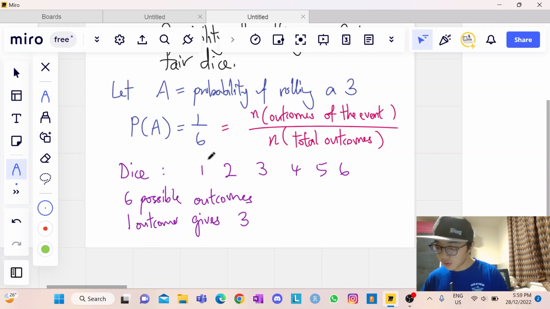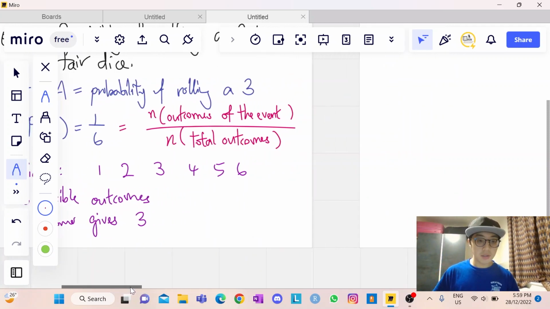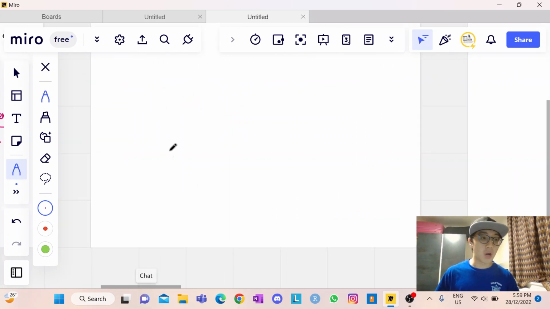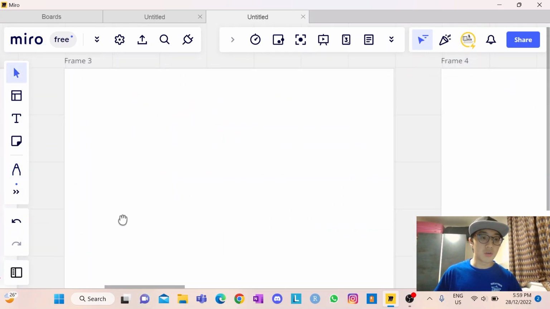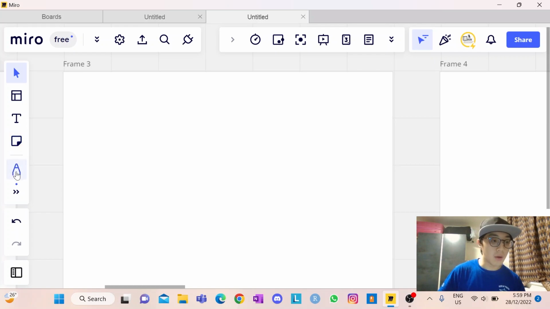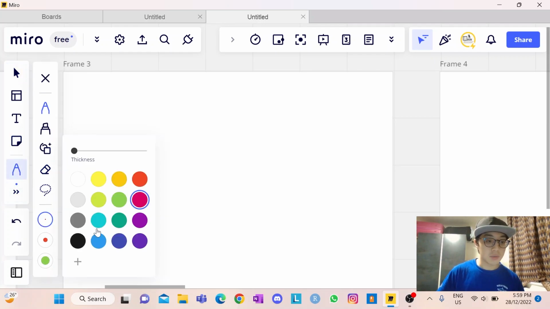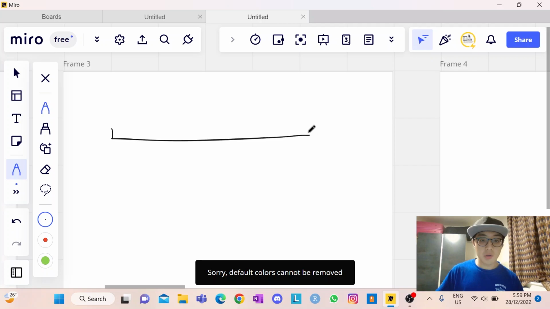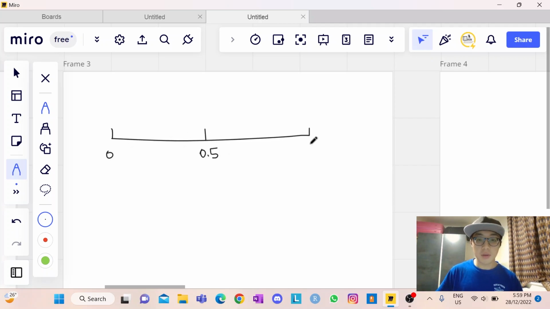As you can see here, the value of a probability is denoted from 0 to 1. So this is 0, 0.5, and 1. What do 0 and 1 mean?